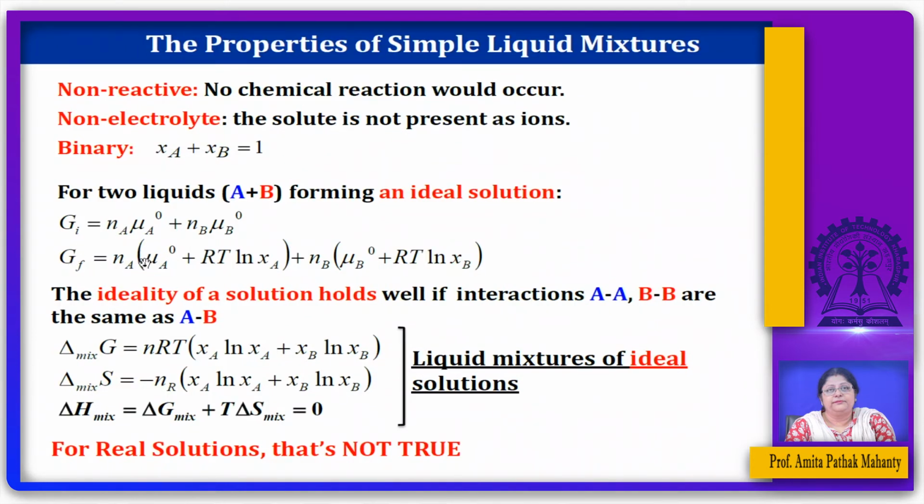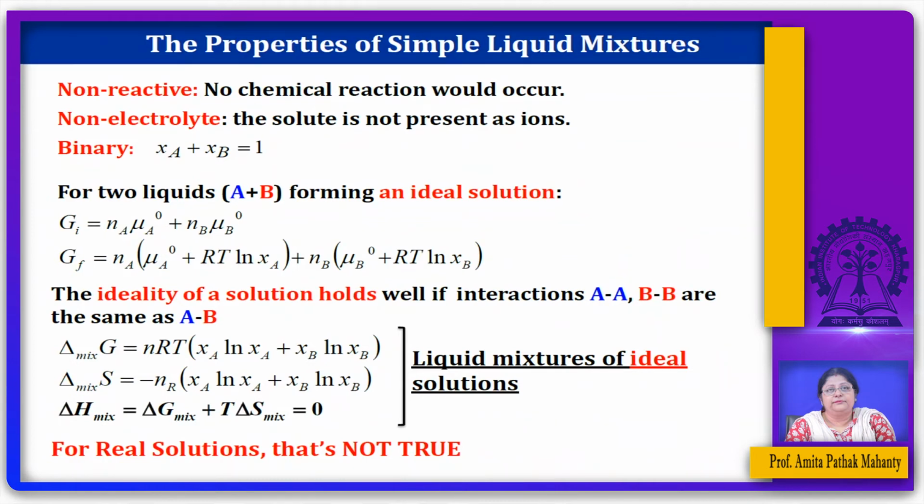So G initially, G finally, as you did in the G mixing process. For all ideal solutions, these are going to be valid. These are the expressions, if you remember. That means delta G mix will be this expression, delta S mix will be this, and delta H mixing will be 0 if the solutions are ideal solutions.